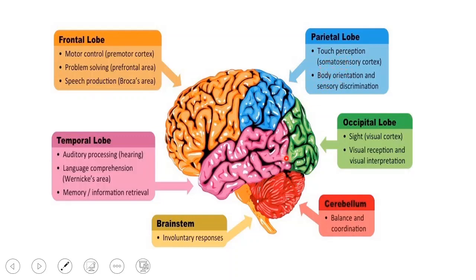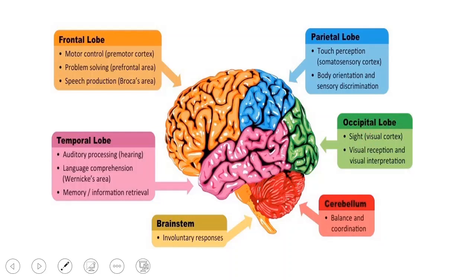The temporal lobe is mainly processing auditory impulses, language comprehension, and memory information; it's the hearing center. Also, the occipital lobe is the sight perception part of the brain. It's responsible for sight perception and it has the visual cortex.